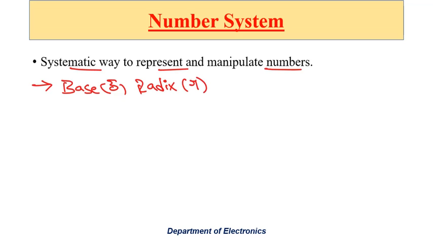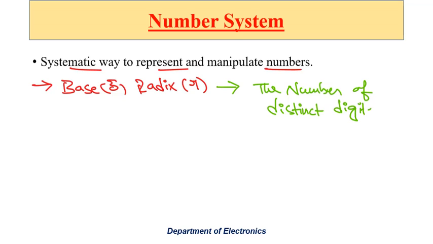So, for any number system, the base or radix value defines the number of distinct digits that are used in a number system.